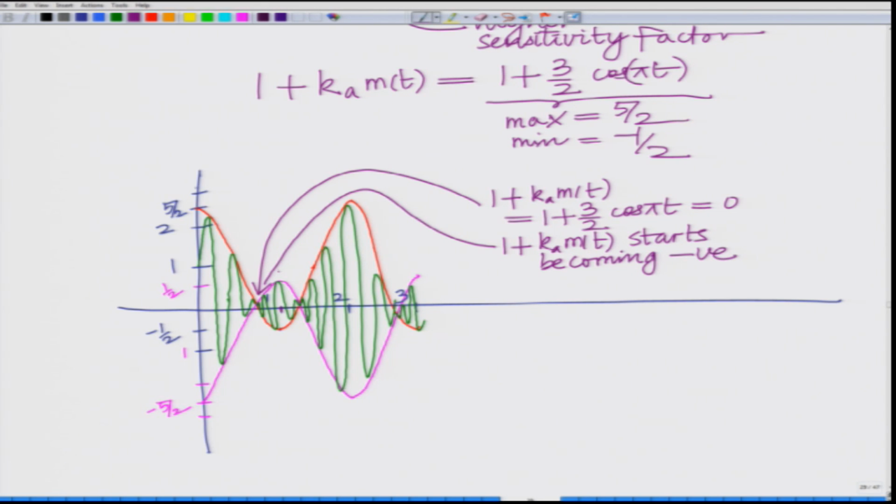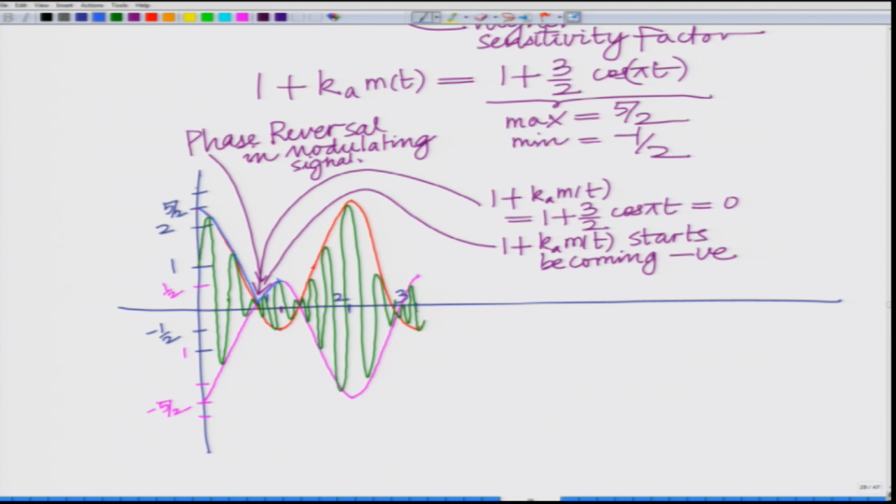There is a phase reversal in the modulating signal, and therefore, if you track the envelope of this, the envelope is going to be this, correct.